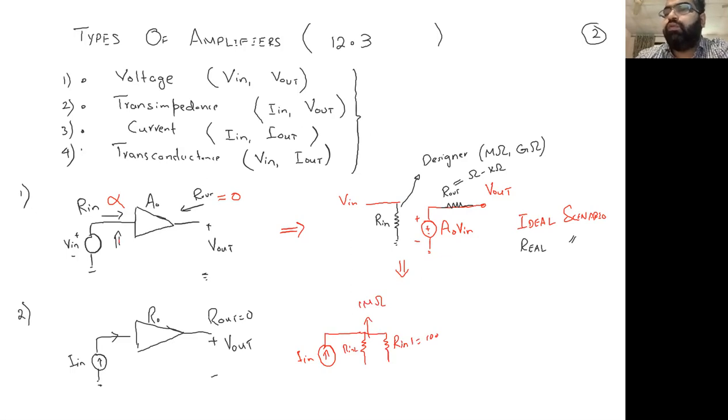We all know it will flow through the path of 100 ohms. Where there is less impedance, the current will flow there. And that's why ideally we say the current source has an infinite impedance, so no current will flow back.